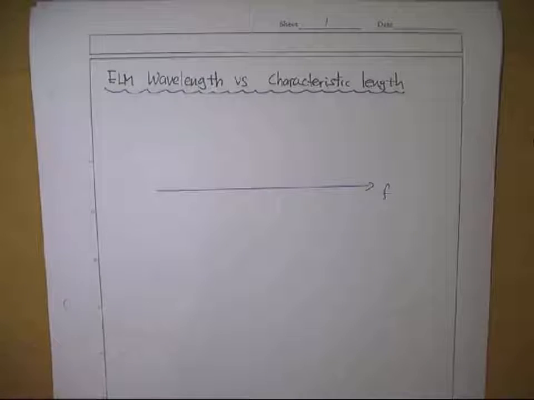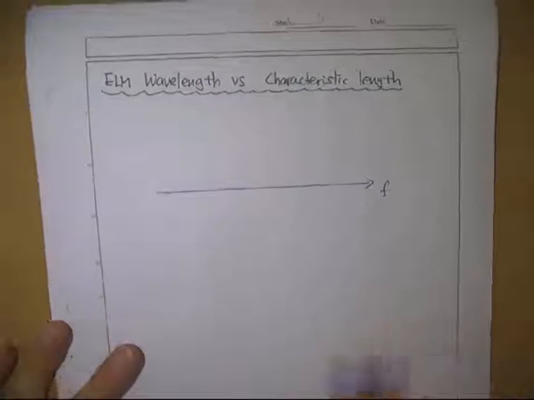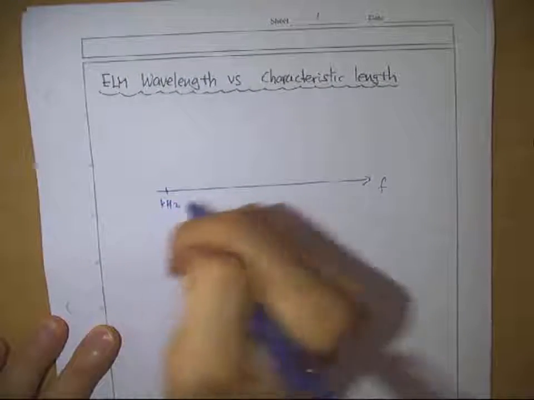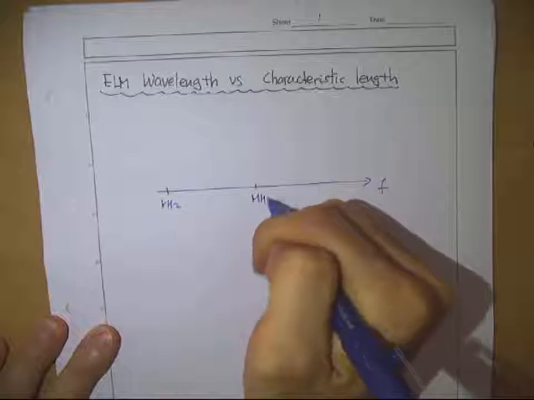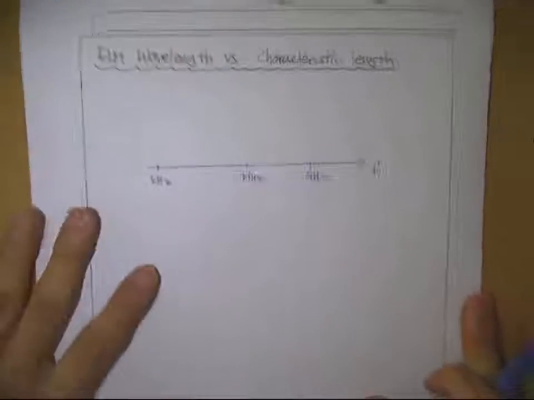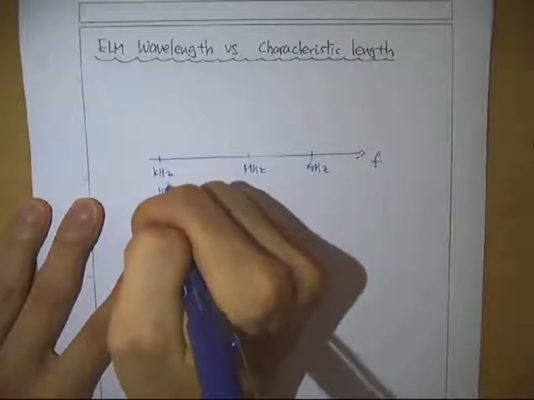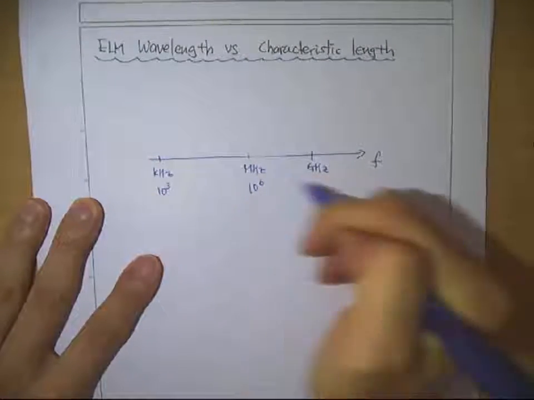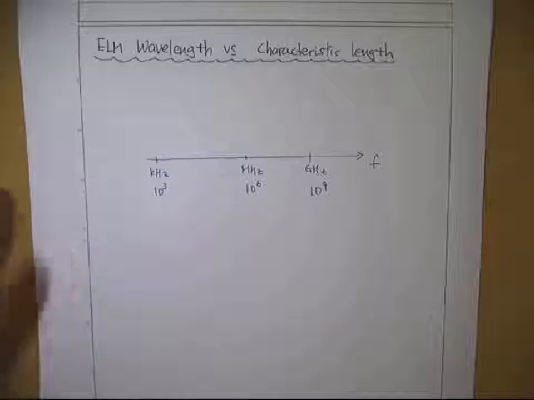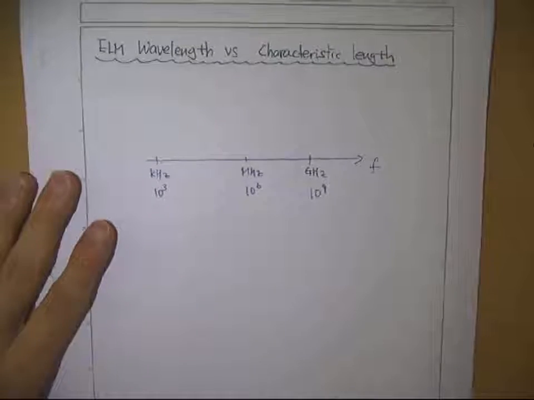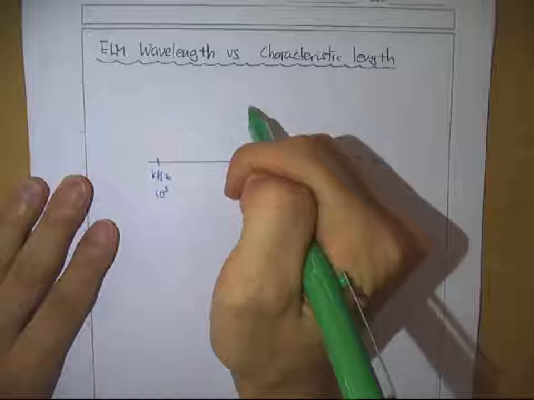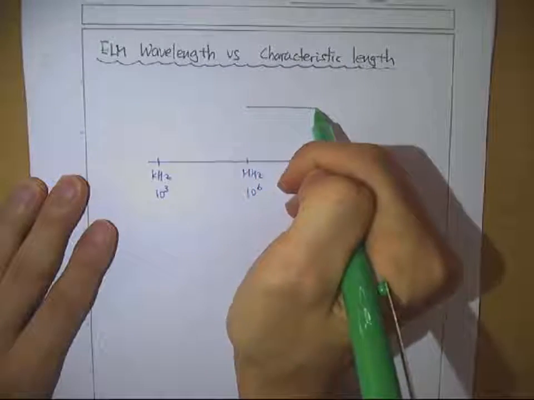Okay, so in the scale of the frequency, say this is the kilohertz and megahertz and gigahertz, right? So 10 to the 3 hertz and 10 to the 6 and 10 to the 9. In the water molecule, in this range, you have a pretty flat permittivity.